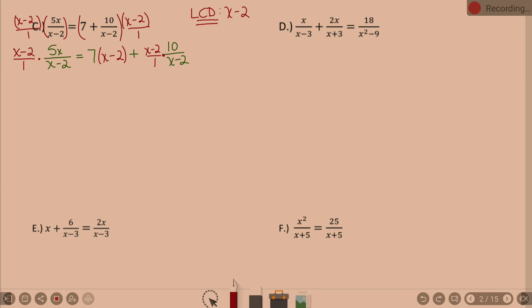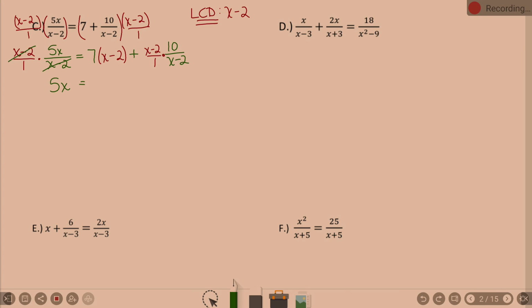Okay. Look at each piece. Look for canceling. What cancels with my first piece? X minus 2 cancels with x minus 2, leaving me with 5x. What cancels with the second piece? Neither of them are fractions, are they? Other than putting them over 1, does anything cancel with that next piece?